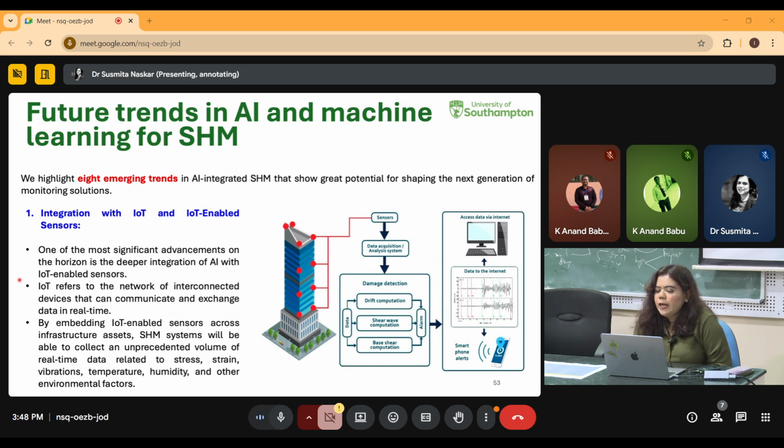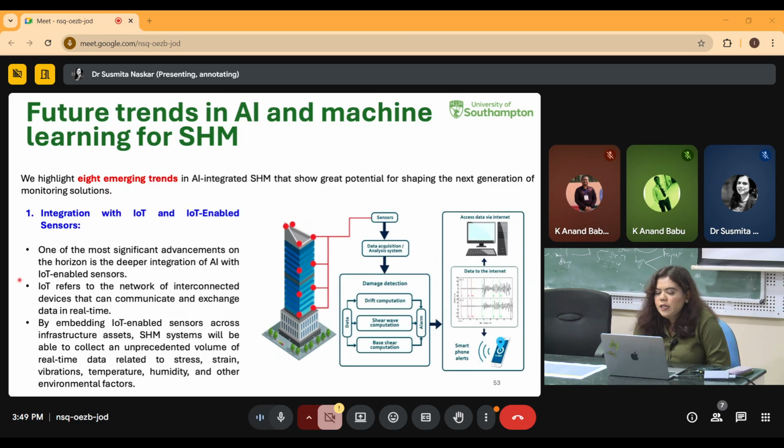IoT refers to the network of interconnected devices that communicate and exchange data. And when we say communication, we are talking about the exchange of data, all happening in real time, right? By combining AI with IoT-enabled sensors, structural health monitoring systems can automatically collect data, analyze data, and act on vast amounts of data without human intervention. That's where the IoT sensors are very important, because everything happens in real time, right?